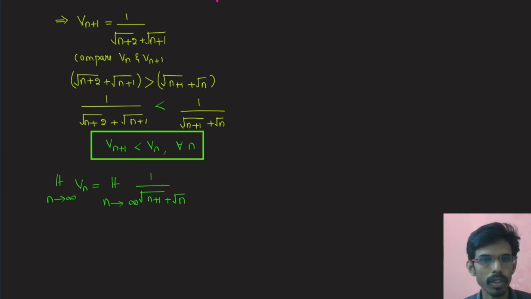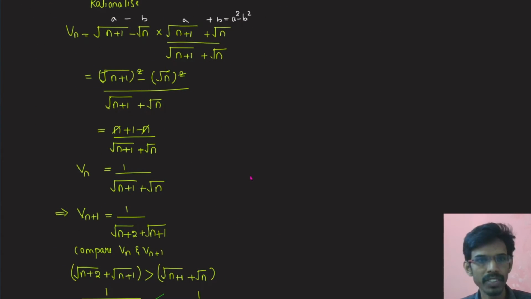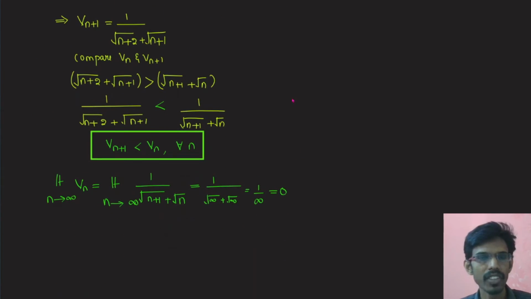Now if I put the limit, we have 1 by root infinity plus 1, which is infinity, plus root infinity. So this will become 1 by infinity only, which is 0. So whenever we see limit n tends to infinity, Vn or Un is 0. By these two conditions we say that by the Leibniz test it is convergent.